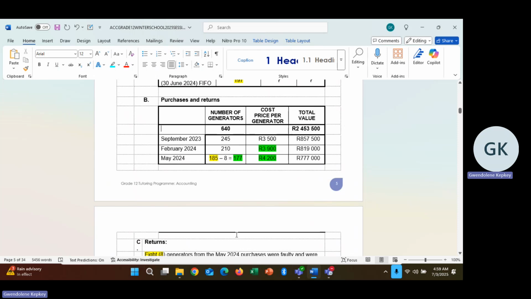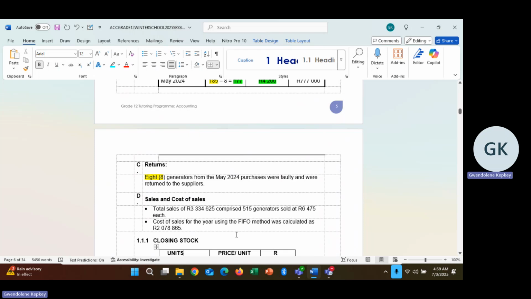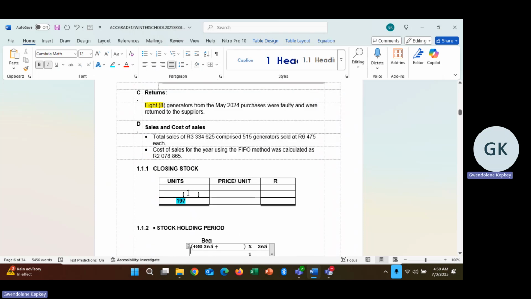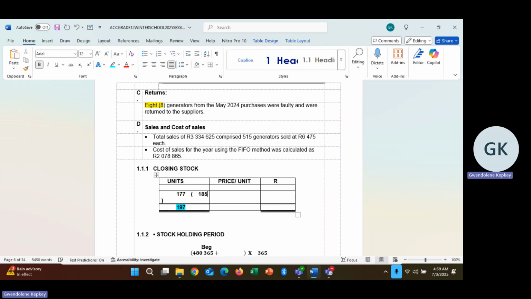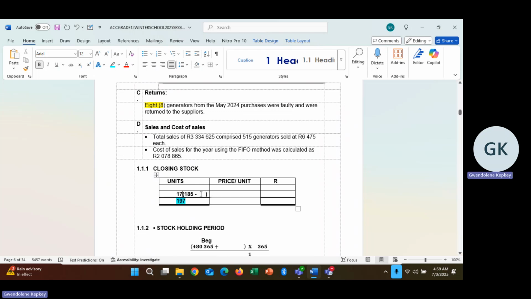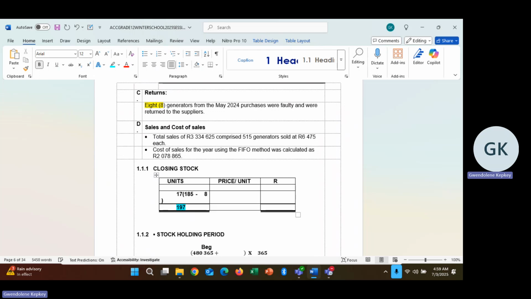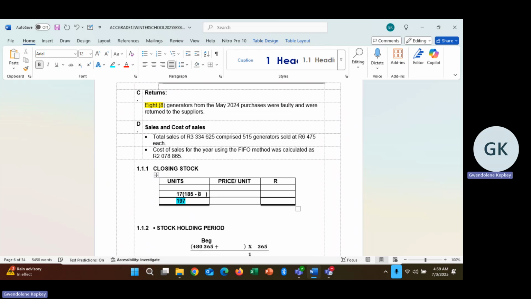Now, grade 12s, it's very, very important that we show our calculations. So I'm showing that I have 177 remaining, but show that you have taken the 185 and you have deducted the 8 items that were returned.